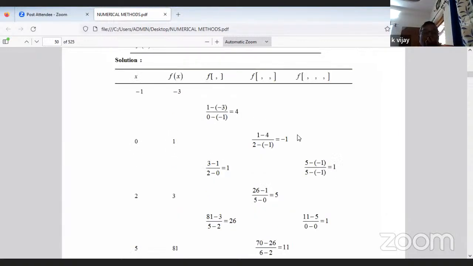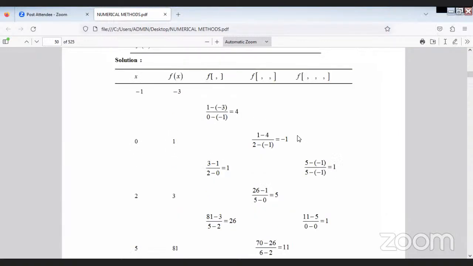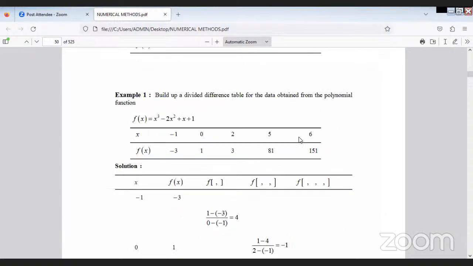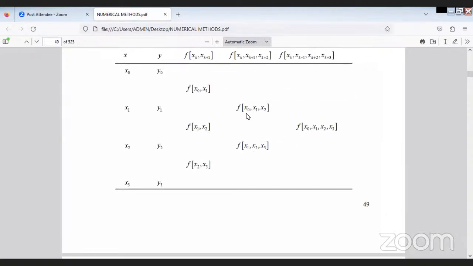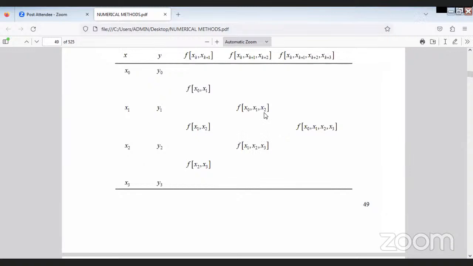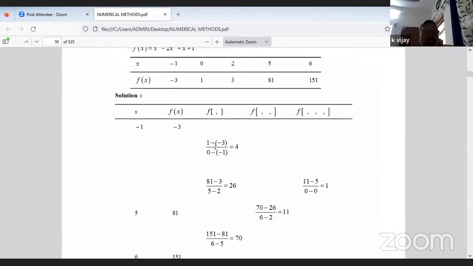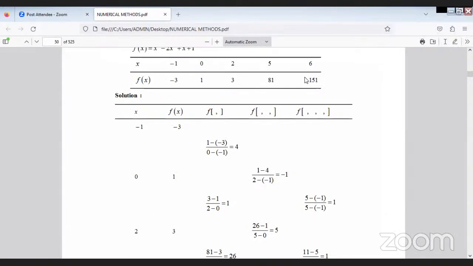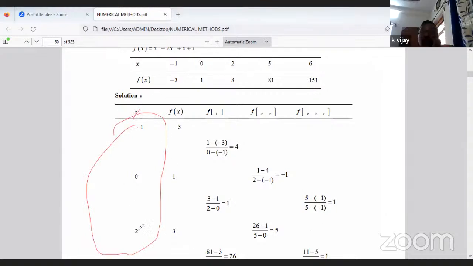Where is 2? 5 minus 2. Again I am going to the table. x0, x1, x2. What are x0, x1, x2? x naught is minus 1, x1 is 0, x2 is 2, x3 is 5, x4 is 6. First 3 values.